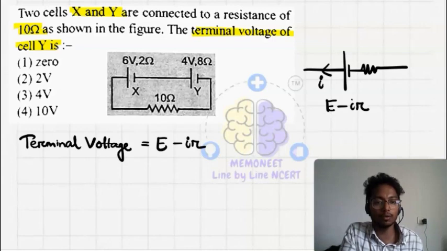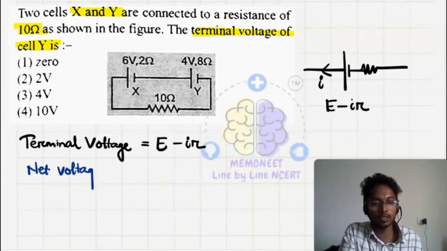We have the net voltage as 6 plus 4, that is 10 volt. Net voltage is equal to net EMF.